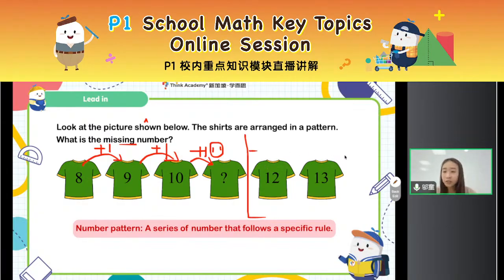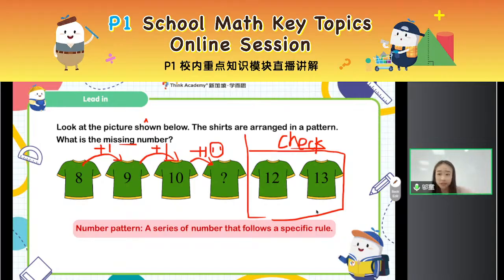They are also important for us to check our answer. After 11, we need to check again if this pattern can continue afterwards. After 11, I still can get 12, then 13, one by one. That's still the same pattern.